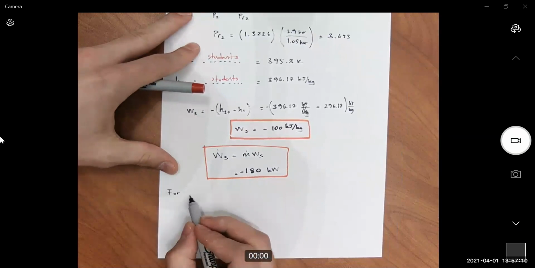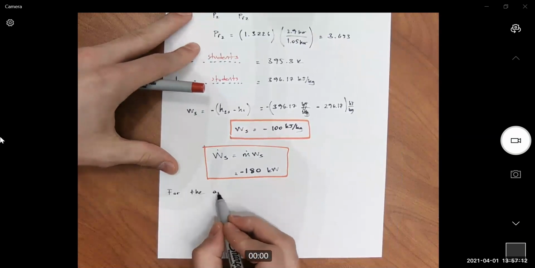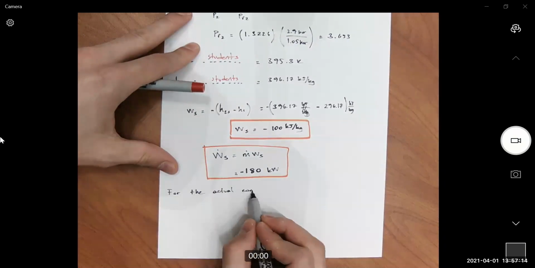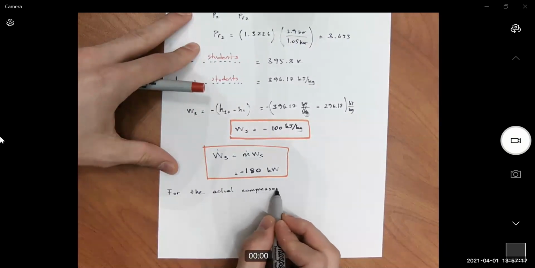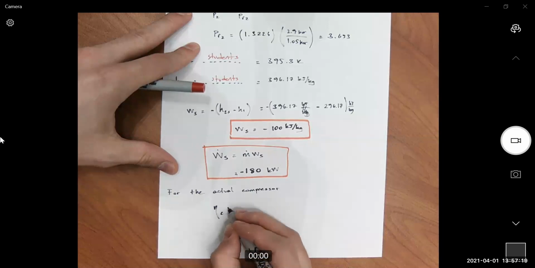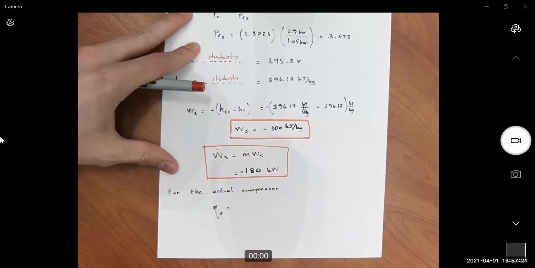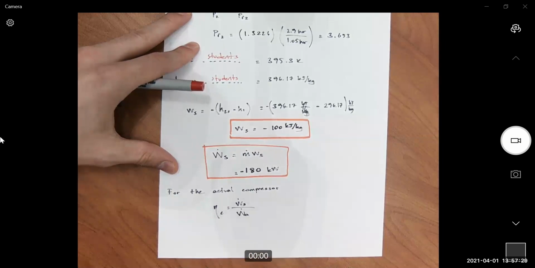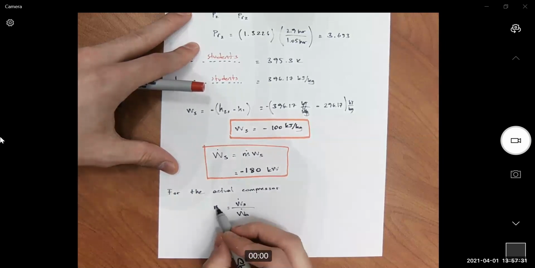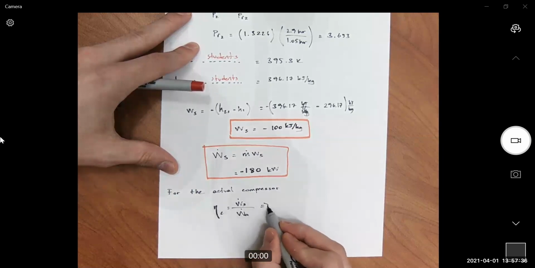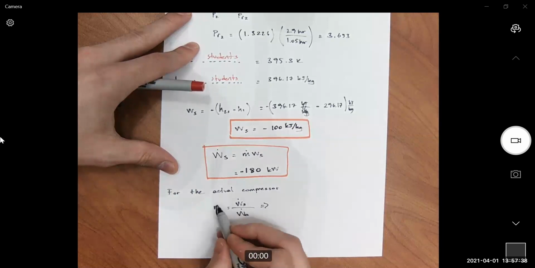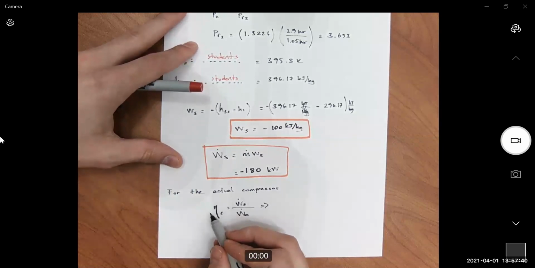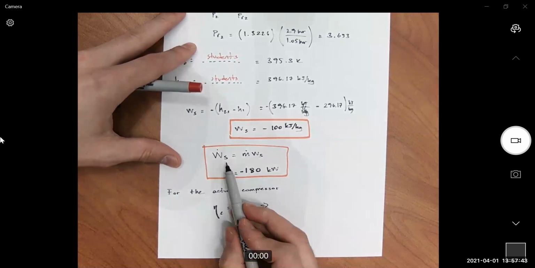Okay. Part B, for the actual compressor, I know my adiabatic efficiency of a compressor is the ideal work divided by the actual work. Here, I know my adiabatic efficiency of the compressor, and I just calculated my ideal work.